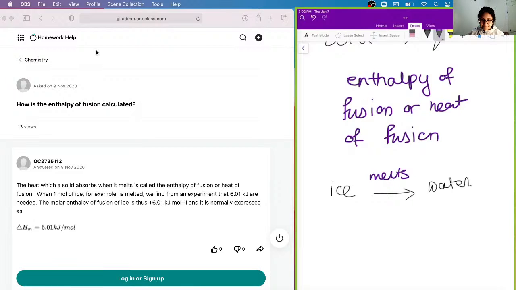So let's say for example 1 mole of ice is melted, and we find from an experiment that 6.01 kilojoules are needed.